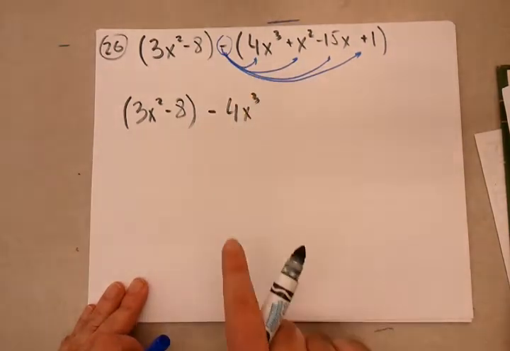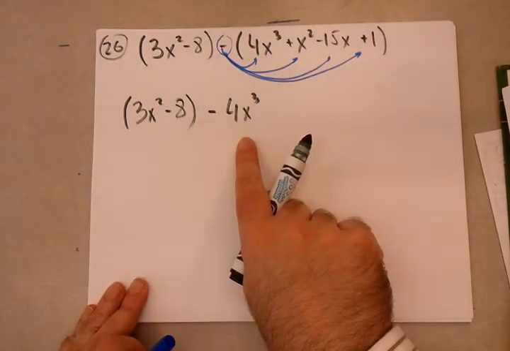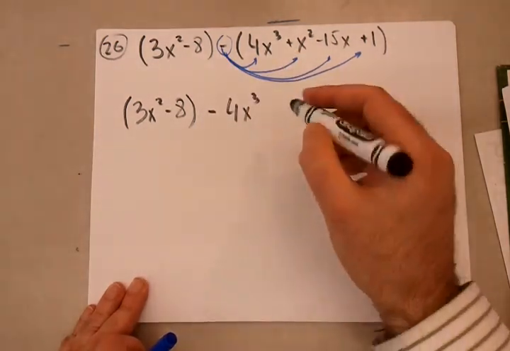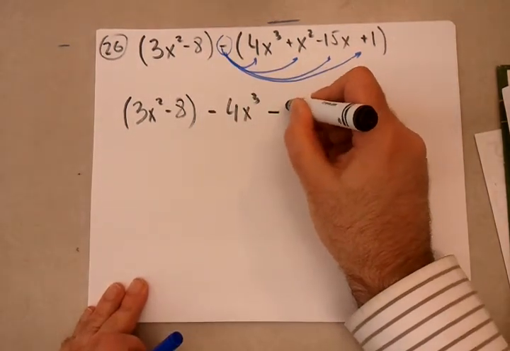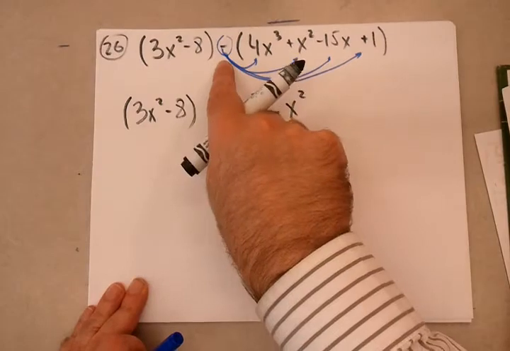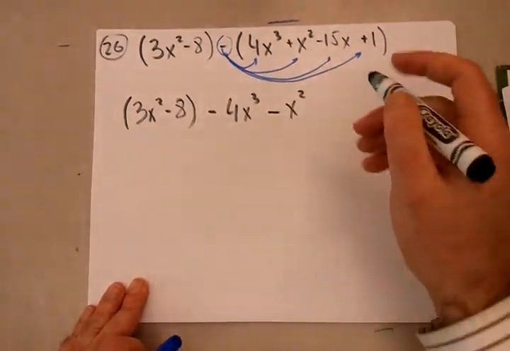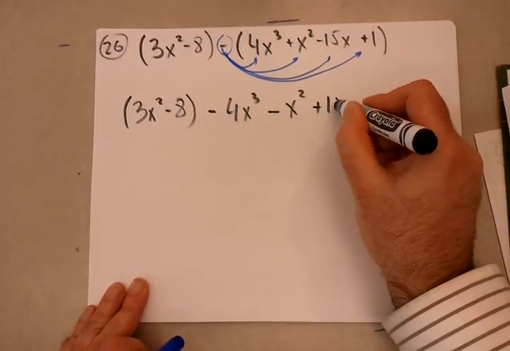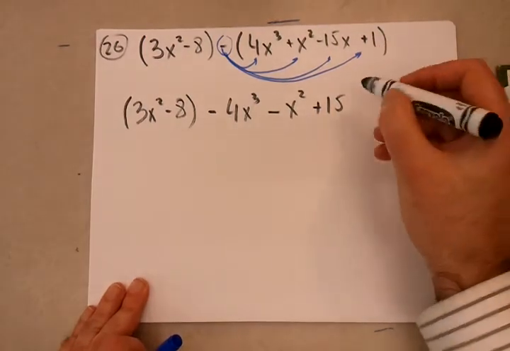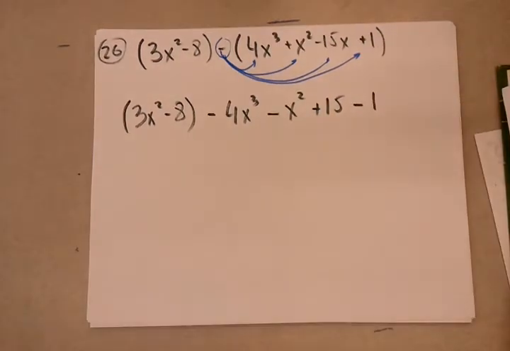Anyway, so minus times 4x to the third, that's minus 4x to the third, minus times a positive x squared, that's minus x squared, minus times a negative 15x, that's a positive 15x, minus times a positive 1, that's a negative 1. Alright, now that's done.